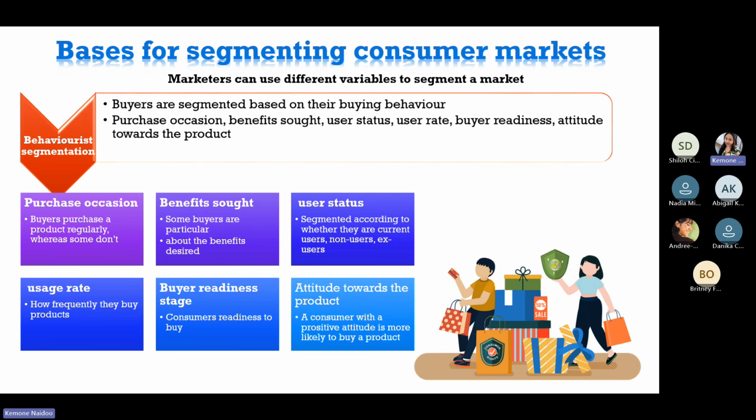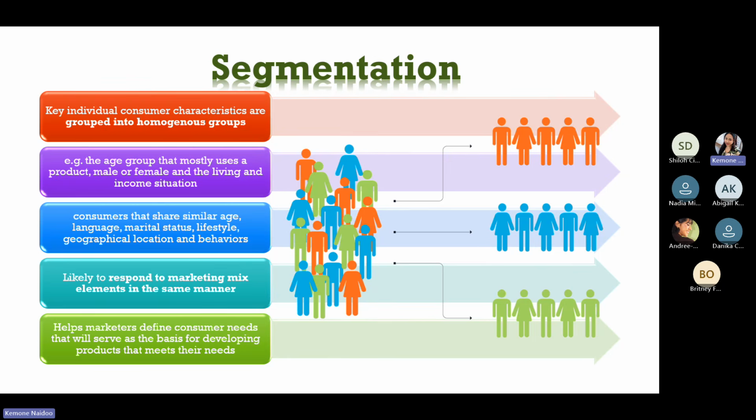Okay, so you can segment according to very specific buying behaviors or attitudes that consumers have towards your product. So segmenting is all about dividing the market into groups of people that have similar behaviors, similar characteristics. It can be in terms of lifestyle, it can be in terms of the place that they live, it can be in terms of behavior, it can be anything.